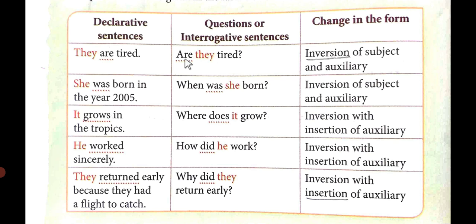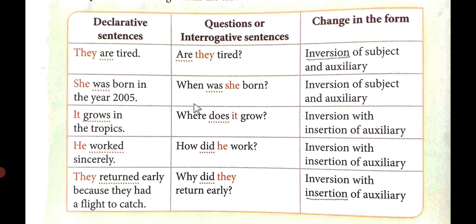Here you can see the auxiliary verb has come first and then it has been used in interrogative sentence. Now see the declarative sentence. It will be a simple sentence. She was born in the year 2005.